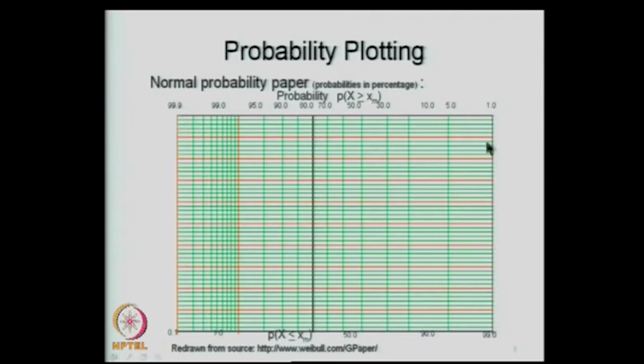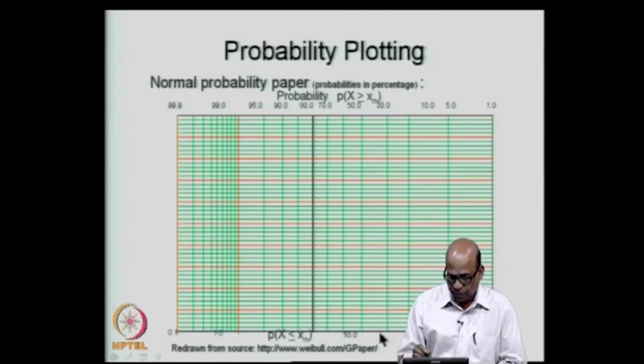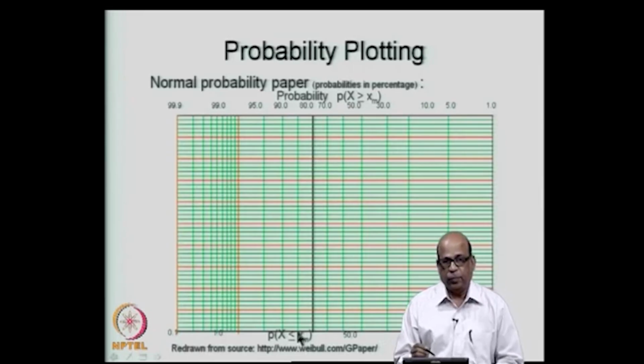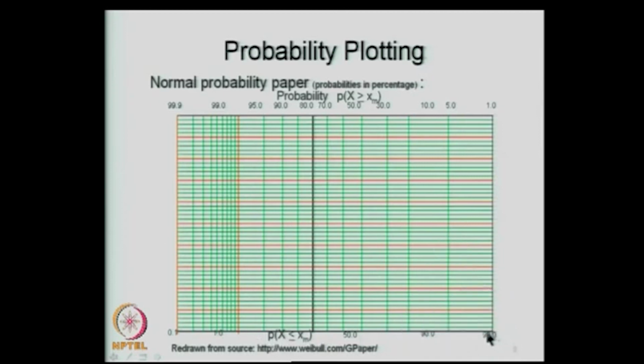Typically, in such papers, the x axis contains the probabilities in percentages. See, in this particular probability paper, I have shown the probability of x being less than or equal to xm in percentage. So, 99% starting with 0.1%, and similar things are shown with 1 minus probability of x, that is in percentage, 100 minus probability of x.